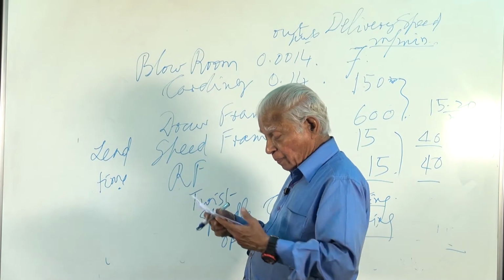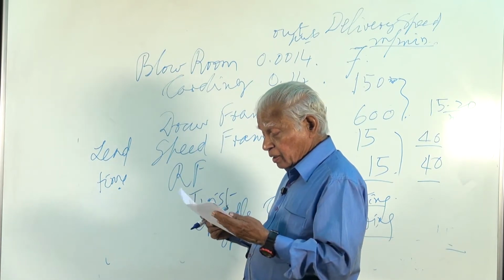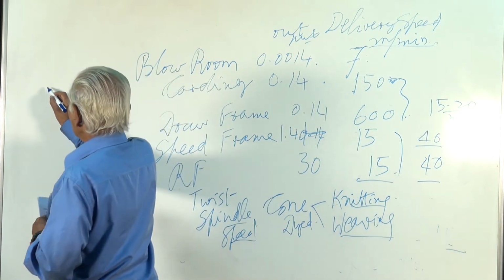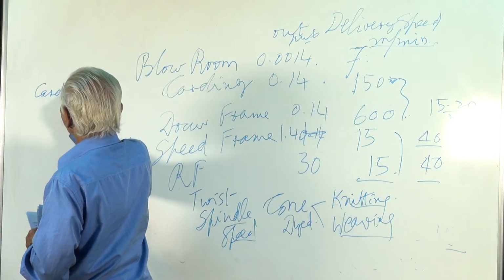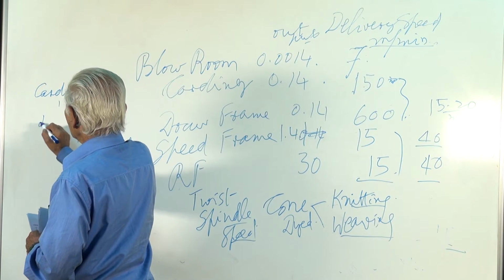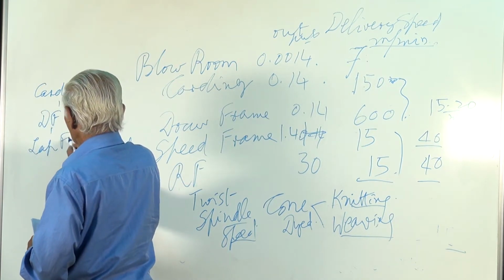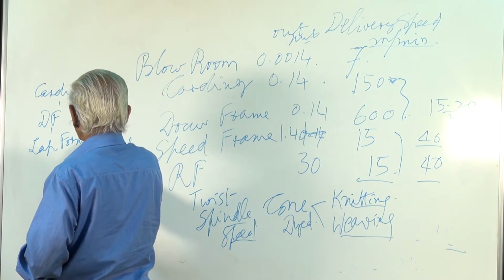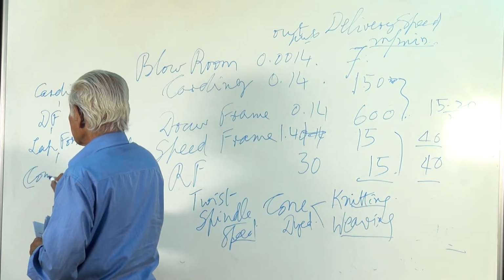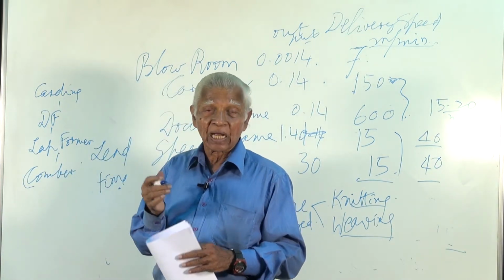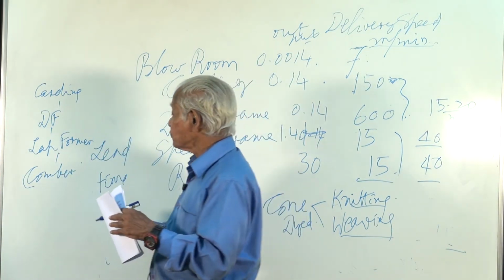And for combed counts, there is one change. After the carding, we can have draw frame and lap former, then comber, which is an additional process. The comber is meant for removing the short fibers from the cotton and to make the material more uniform.